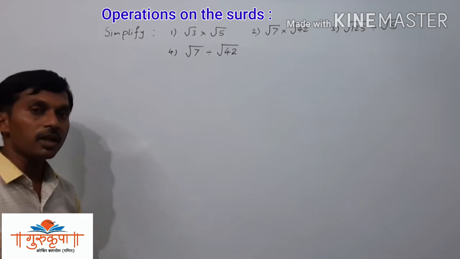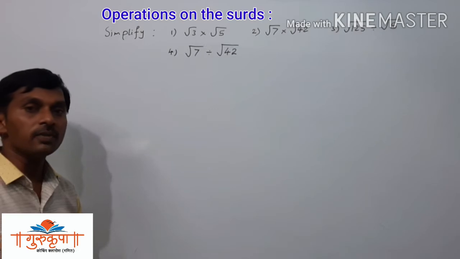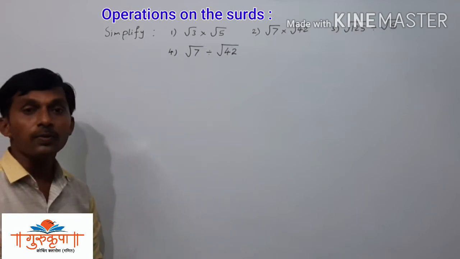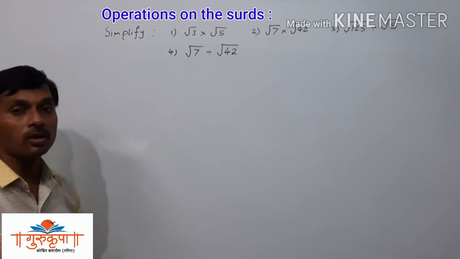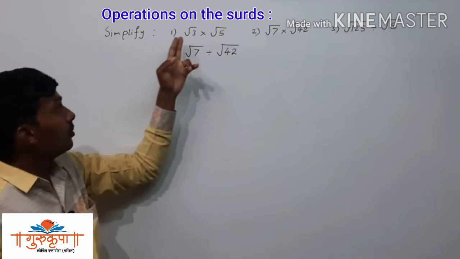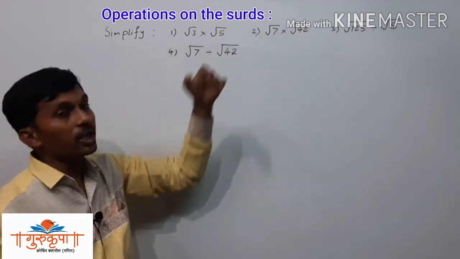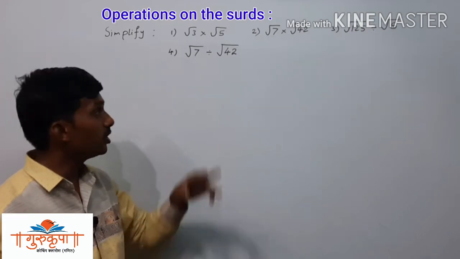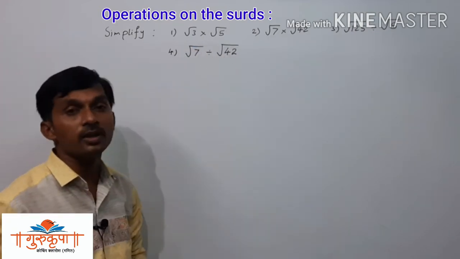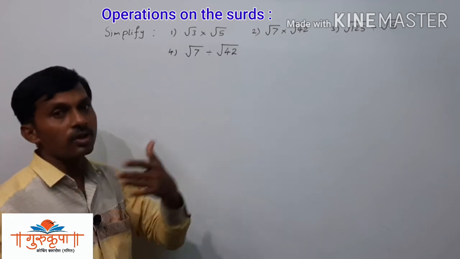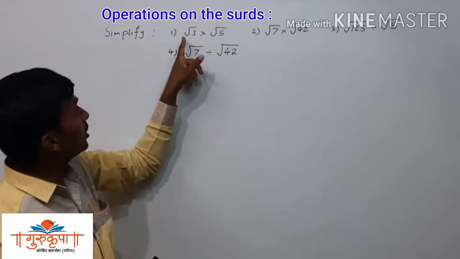If you have to take the addition or subtraction, then it is very important that the surds which we have been given should be similar or like surds. But while multiplying or dividing, it is not necessary that both the surds should be similar surds. It is not important. Now look at the first example.